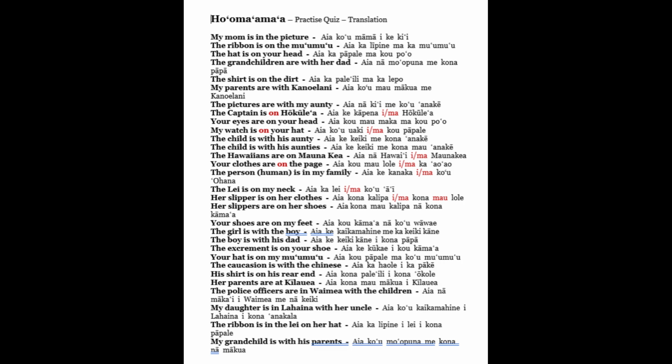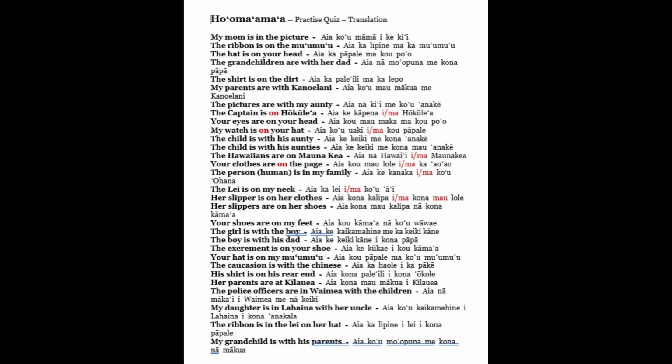Remember, ki'i is picture. So go over the vocabulary so you can catch what's going on. But remember, ki'i starts with a K, so to say the picture, you don't use ka ki'i, it would be ke ki'i. So my mom is in the picture. Ia ko mama i ke ki'i.